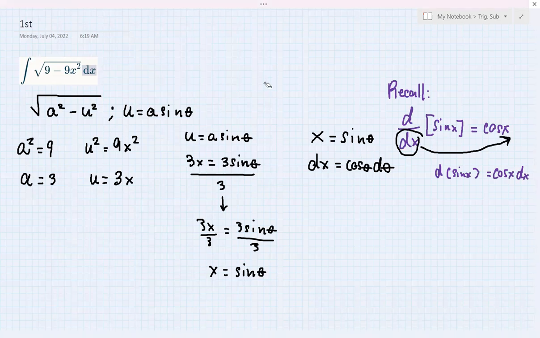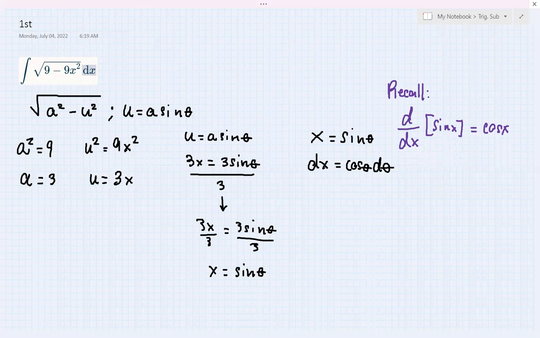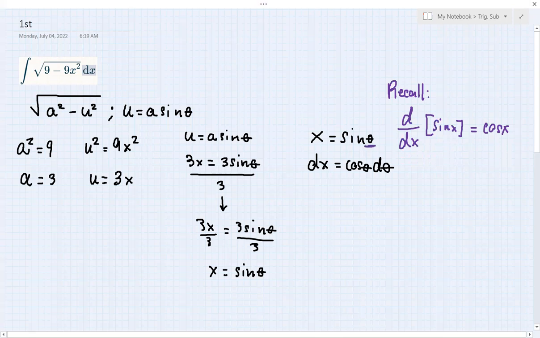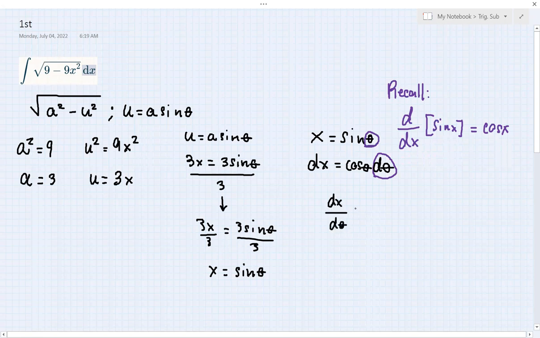Okay. Here, on the other hand, it's d theta, not dx. Why? Because the variable used in this sine is theta, so after you take the derivative, it should be d theta. It doesn't make sense if dx over d theta equals cosine theta.